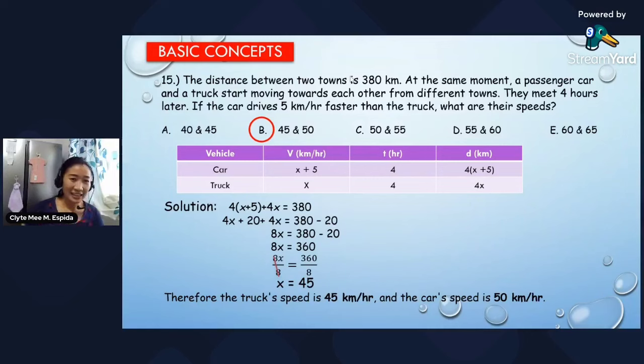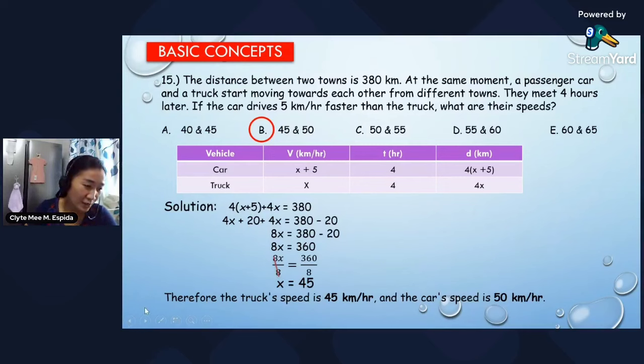Okay? So, if you use velocity, time, distance, medyo, it would take time. So, use strategies na mapapadali yung sagot. Okay, so you have 45 and 50.